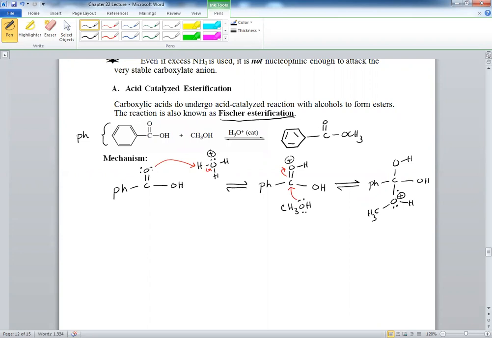With a positive charge on that, we need to deprotonate.